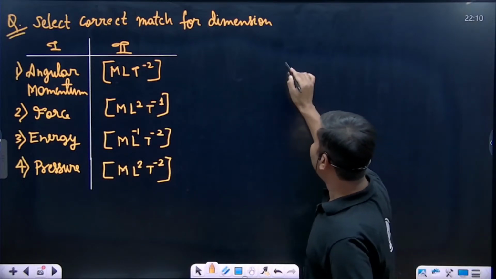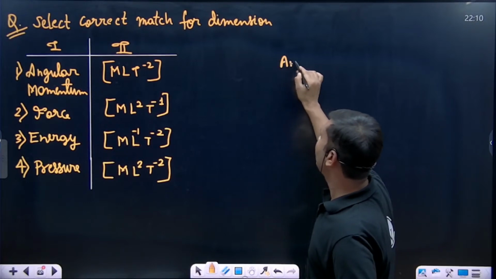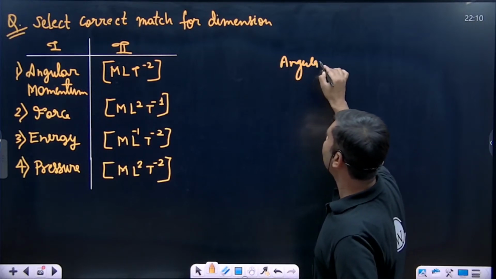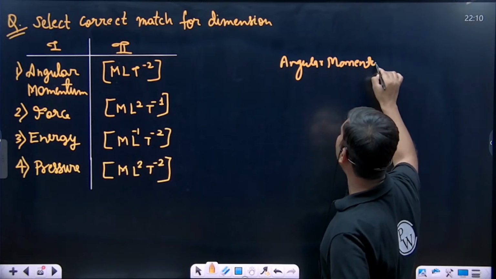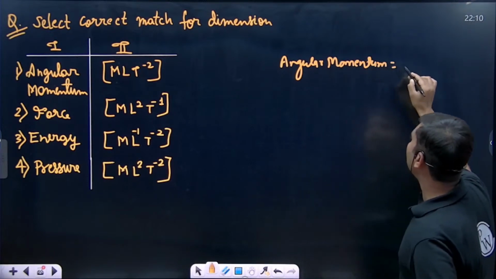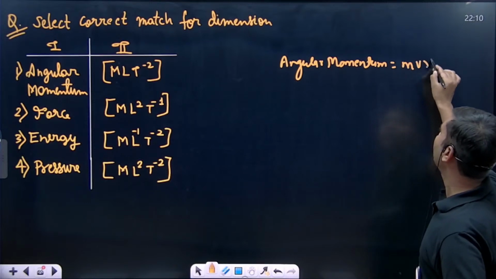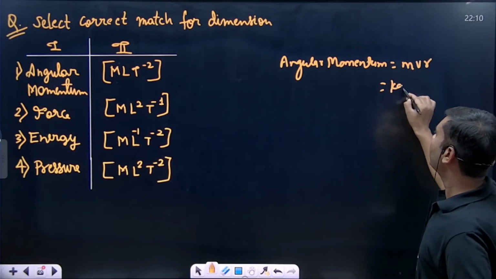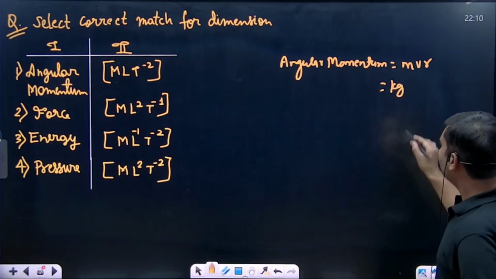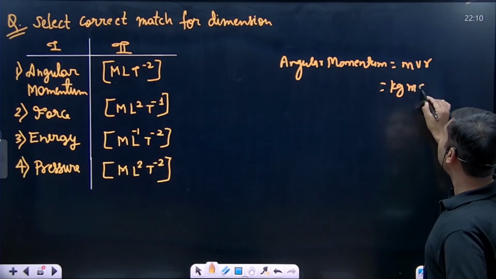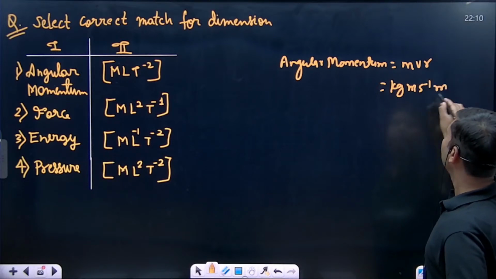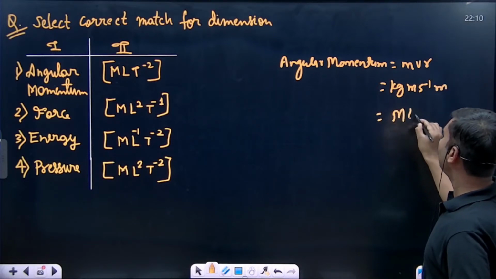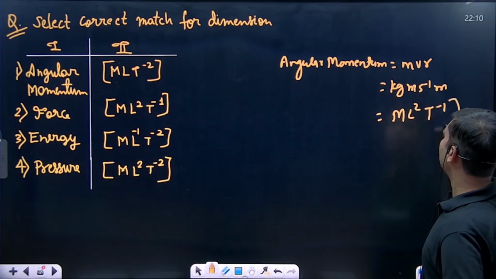I am writing here angular momentum. What will be the dimension for angular momentum? Angular momentum is MVR, and firstly I am writing the unit, kilogram meter per second to the power minus 1, into meter. So this will be equal to ML^2 T^-1.